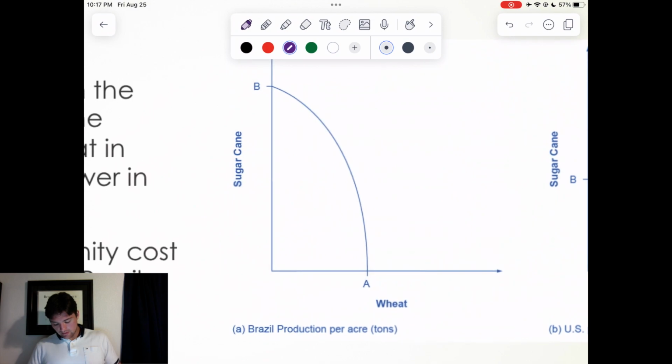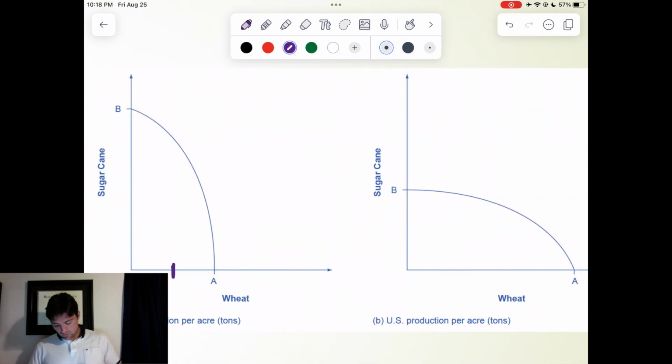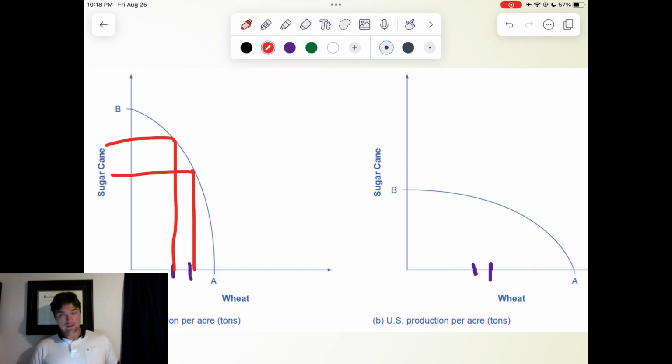If we were both doing this much wheat here, and we both increase by 1, I'm trying to make it the same size here. So if we go straight up and straight up, it costs that much, and if we go straight up and straight up, it costs that much.